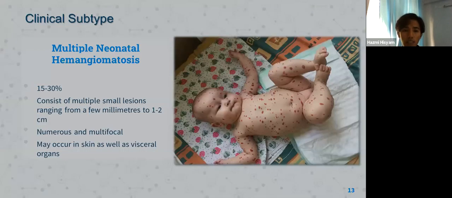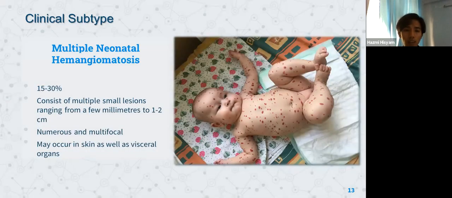And the fourth subtype is known as multiple neonatal hemangiomatosis. It comprises 15 to 30% of cases. It is characterized by multiple small lesions ranging from a few millimeters to 1 to 2 centimeters. It is numerous and multifocal, and multiple neonatal hemangiomatosis may occur in the skin as well as visceral organs.